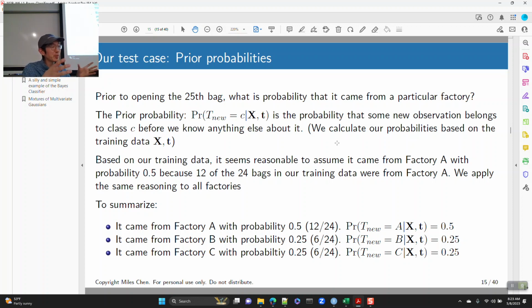Here we're going to make the assumption that, since half of our bags in the shipment came from factory A, factory A is responsible for half of all marble production for this company.